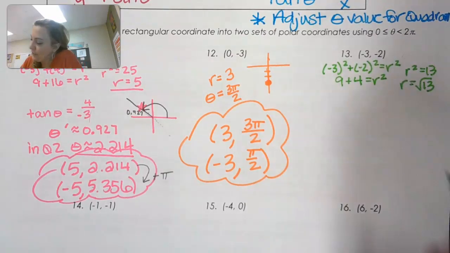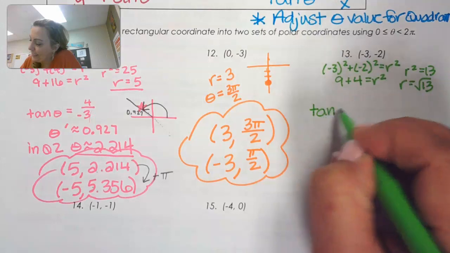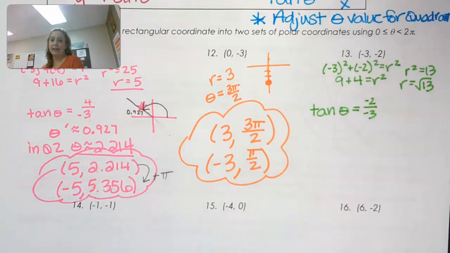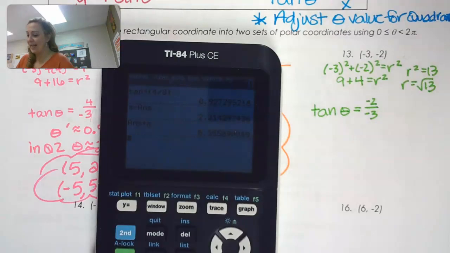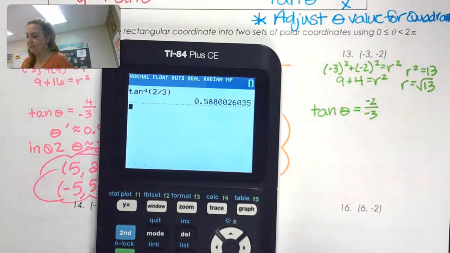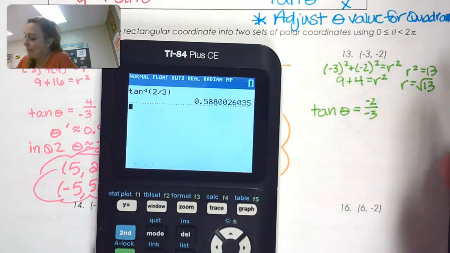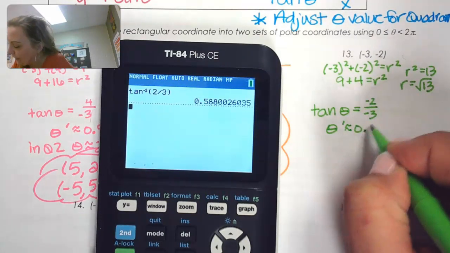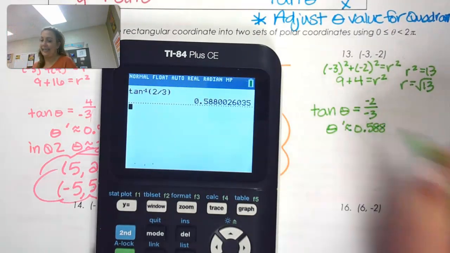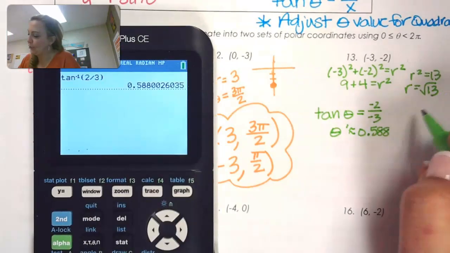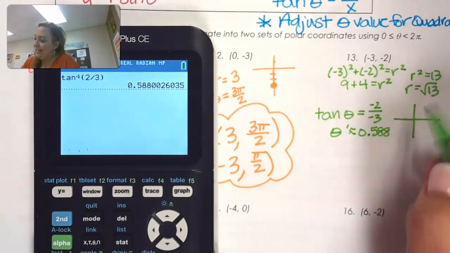And then the next thing I can do is take the tangent of theta equals y over x. And again, I like my reference angle. I know that if I take the inverse tangent, the negatives are going to cancel anyway, but I see that I'm going to have a theta prime of about 0.588.